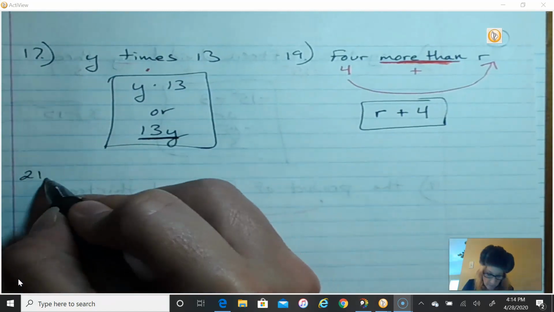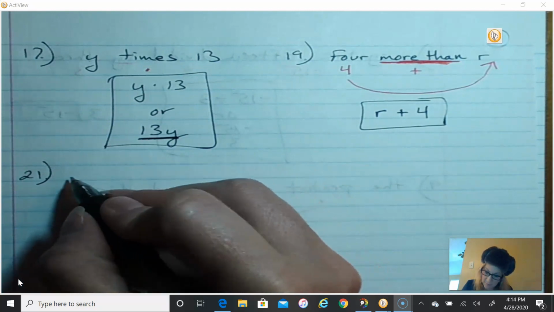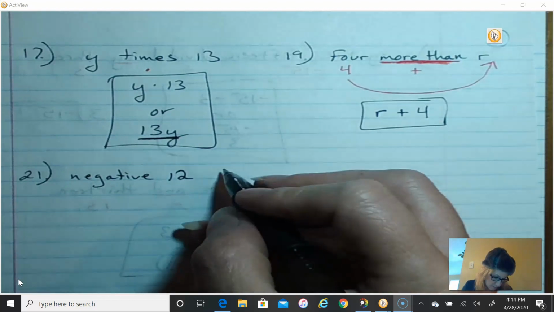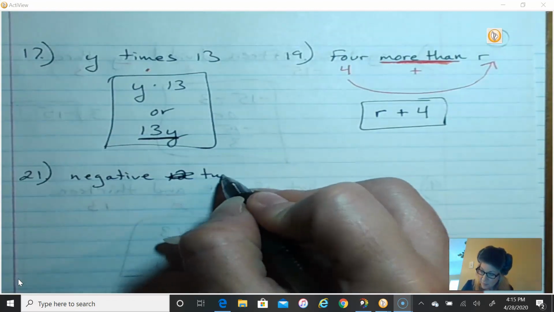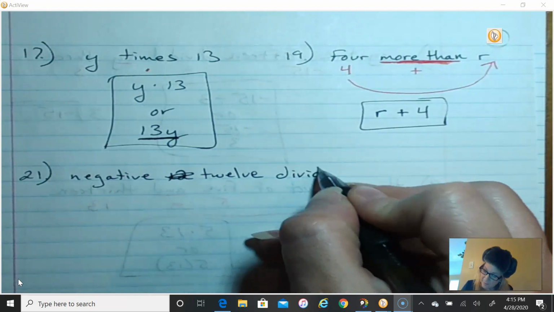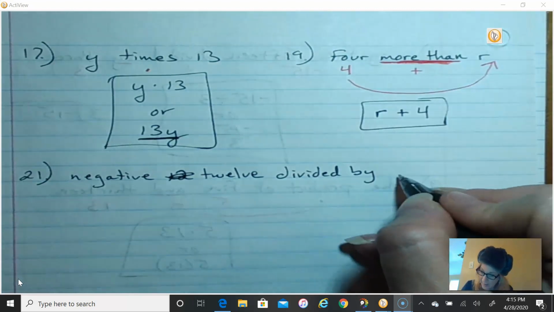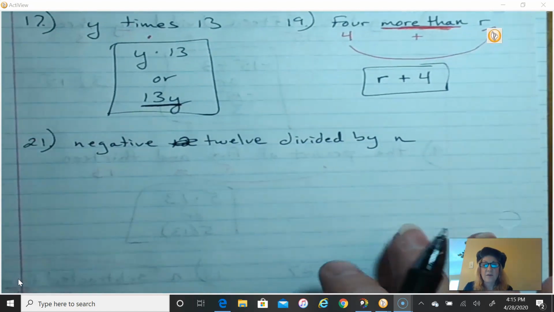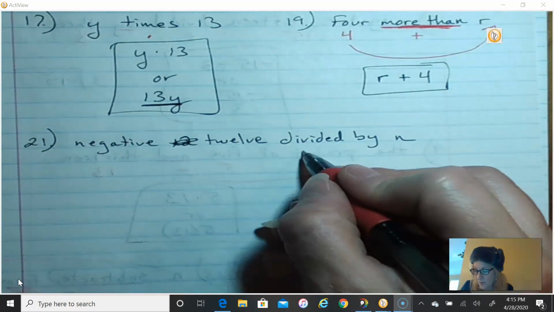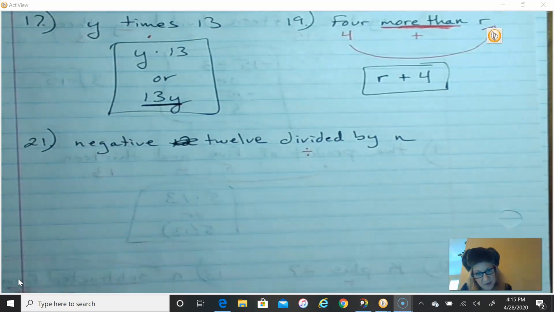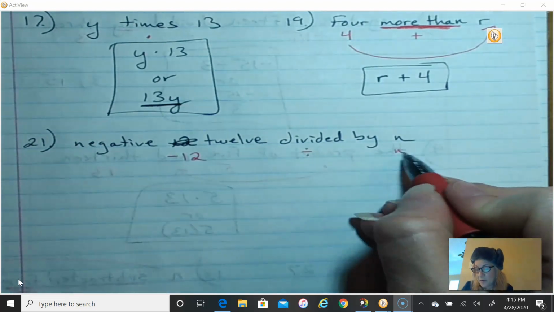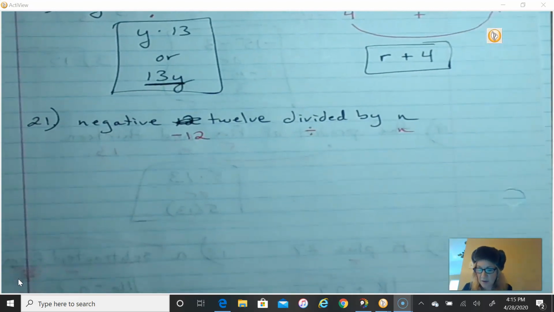21. Negative 12 divided by n. Okay, you know what that means. You know divided means divided. Negative 12 is negative 12. And then we have the n because we don't know what it is. It's unknown.